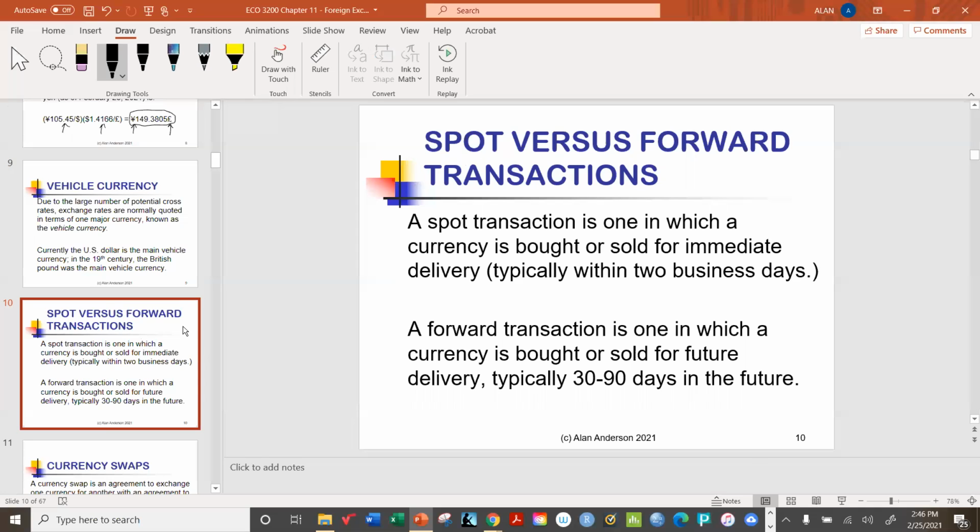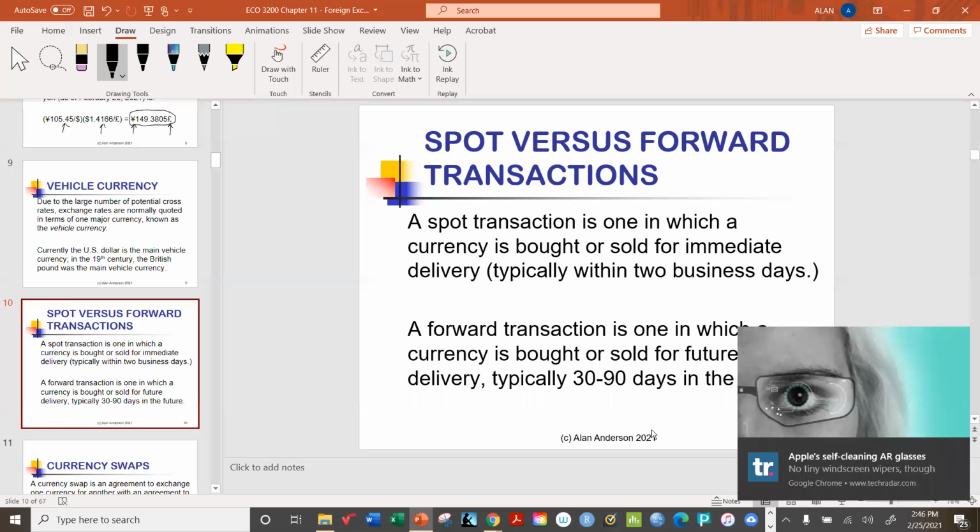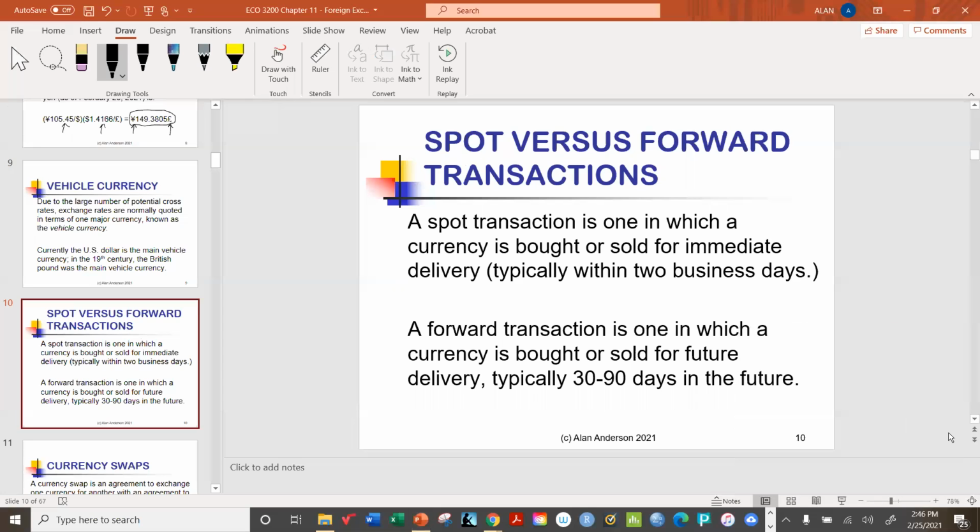This will be done normally in a special transaction with an investment bank or a foreign exchange dealer. But the bottom line here is that if I do that, the price that I'll pay is probably going to be different than the spot price. It will be known as a forward exchange rate. And this usually refers to delivery that takes place between 30 and 90 days in the future.